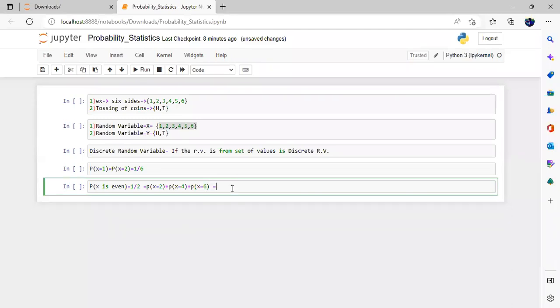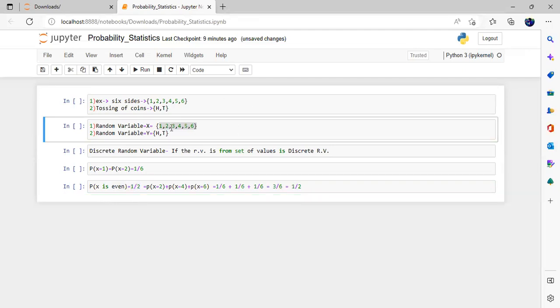So your total probability will be 1 by 6 plus 1 by 6 plus 1 by 6, which is 3 by 6, which is 1 by 2.